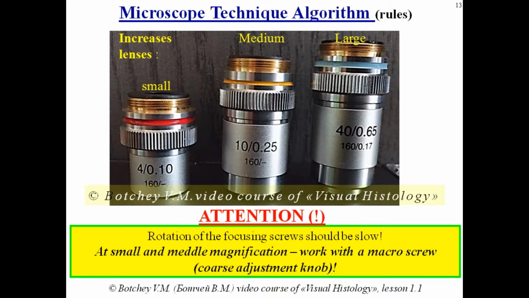All stages of microscopy you should control visually, so you look not only through the oculars, but periodically look from the side and estimate visually the position of the objective relative to the glass slide. Remember, at small and middle magnification, we work with the macro screw, coarse adjustment knob or large knob.